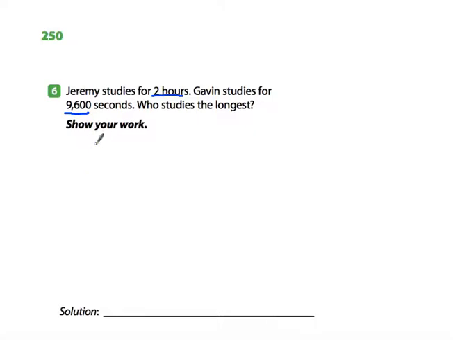Okay, so I'm going to start by knowing that there are 60 minutes in 1 hour. So I'm going to change it first to minutes. So it's going to be hours times minutes, or hours times 60 is going to give me some number of minutes.